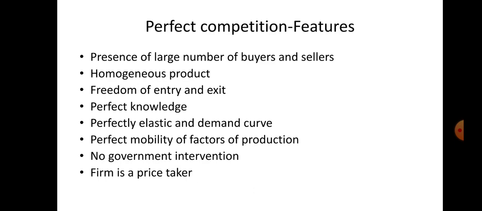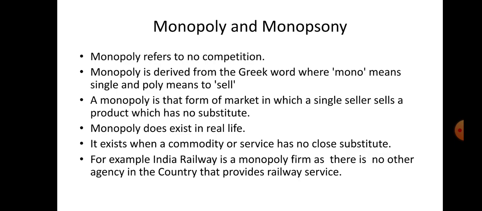Any number of times they can enter and they can exit, and all the buyers and sellers have perfect knowledge about the product or service, and perfectly elastic demand curve, then perfect mobility of factors of production, no government intervention, and the firm is a price taker. Such competition we call perfect competition.